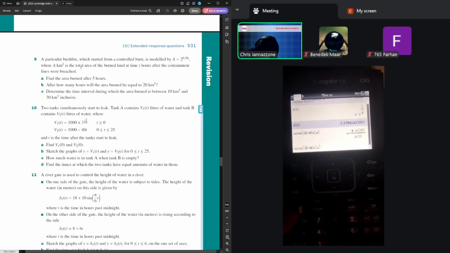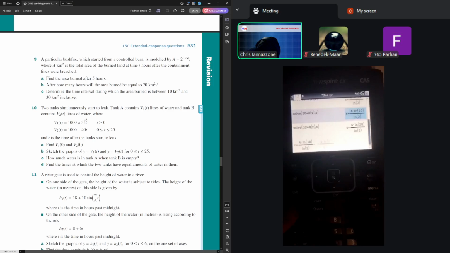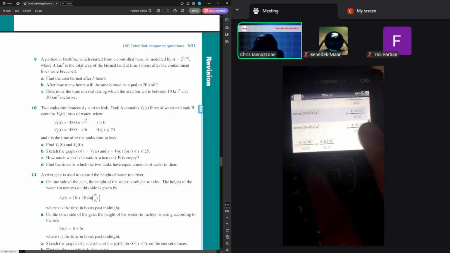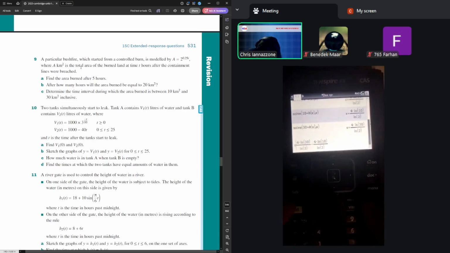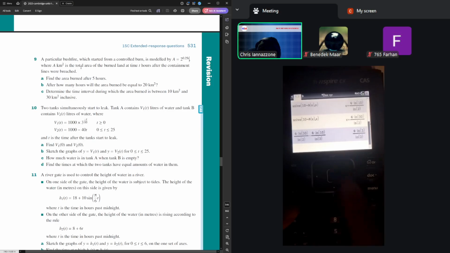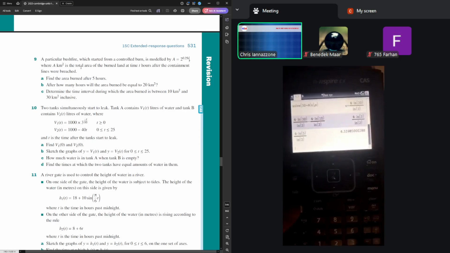So 10, 30, grab the two values and find the difference. That's our difference, and that's in terms of hours.